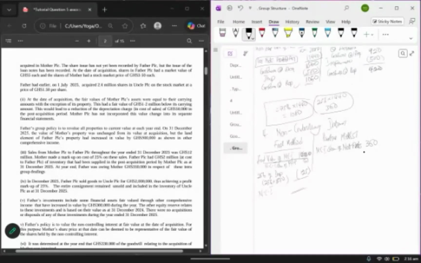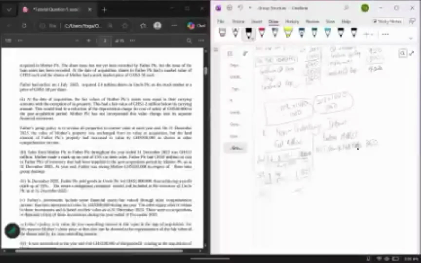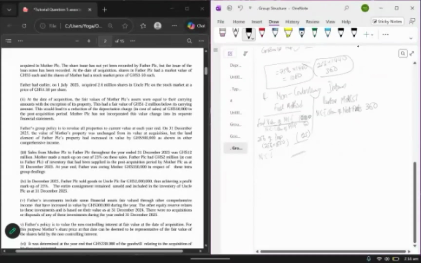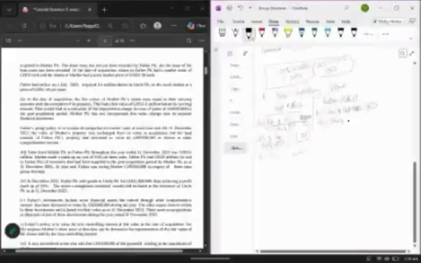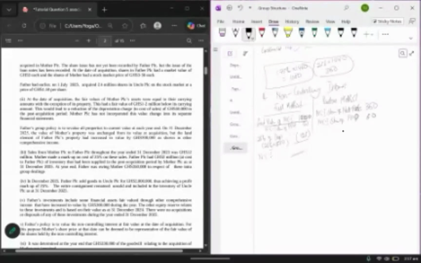So in that case, you bring the NCI share of the fair value of net assets. Then you bring the NCI share of the post acquisition profit, 50. Here, we are not going to share impairments. So we just add this one and this one, you get 410.